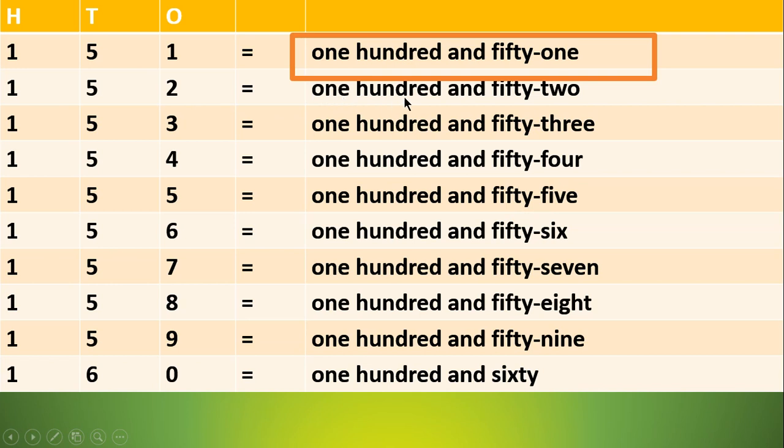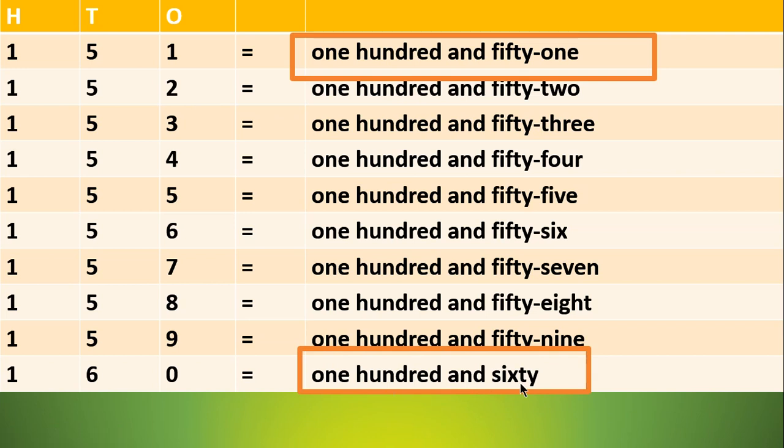O-N-E 1, H-U-N-D-R-E-D 100, A-N-D, F-I-F-T-Y 50, T-W-O 2. Now I want you all to sing all these spellings by yourself by pausing this video. 153, 154, 155, 156, 157, 158, 159, and 160.